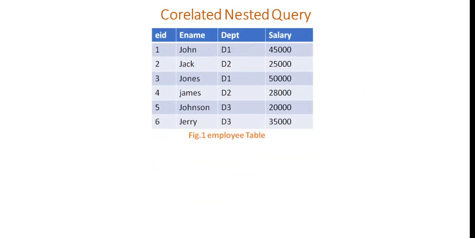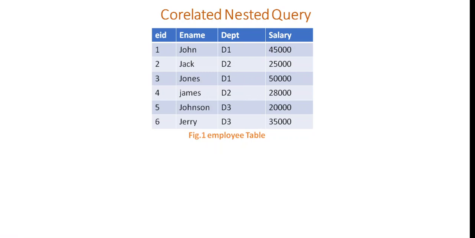Now the next type of subquery is the correlated subquery. In a correlated subquery, the subquery uses an attribute from the outer query. The queries we have seen up till now were independent subqueries, and in an independent subquery, the attributes of the outer query are not used in the inner query. So let's see an example for a correlated subquery.